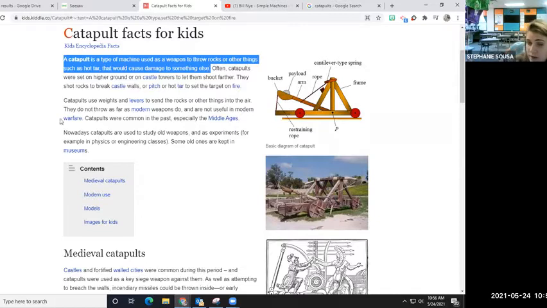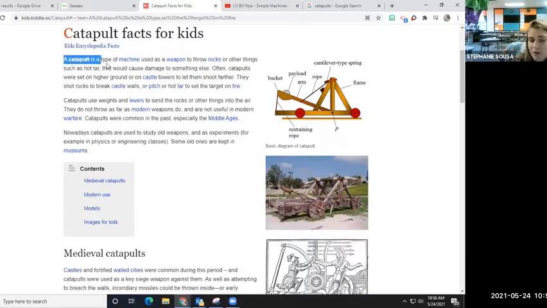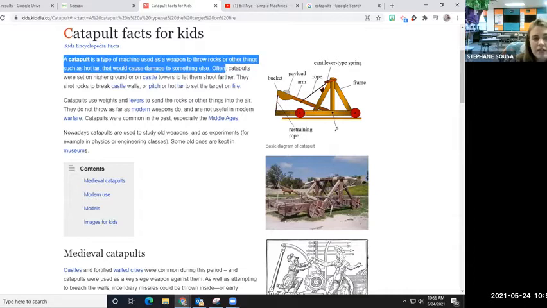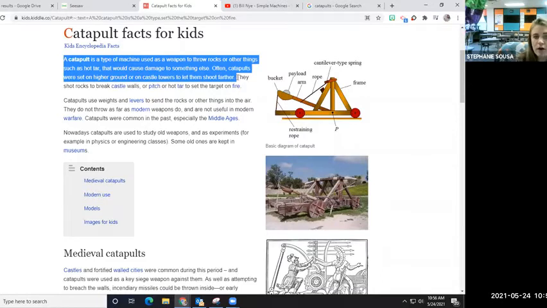Obviously, we will not be using ours as weapons, but that is how they originated. Often, catapults were set on higher ground or on castle towers to let them shoot farther. They shot rocks to break castle walls, or pitch or hot tar to set the target on fire.